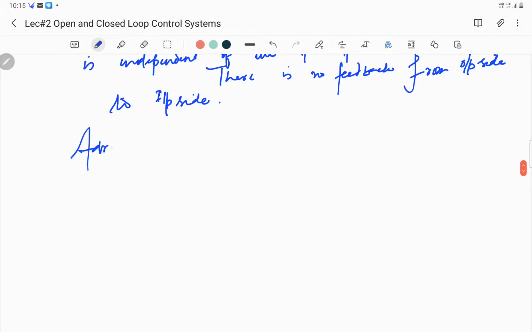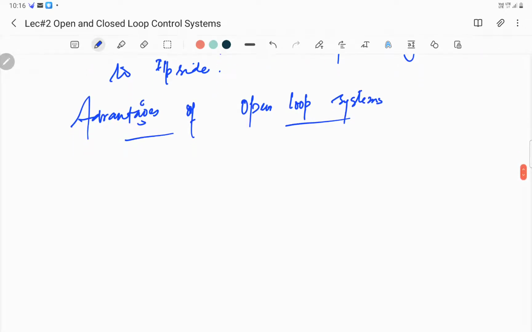Advantages of open loop systems. They are simple in construction.